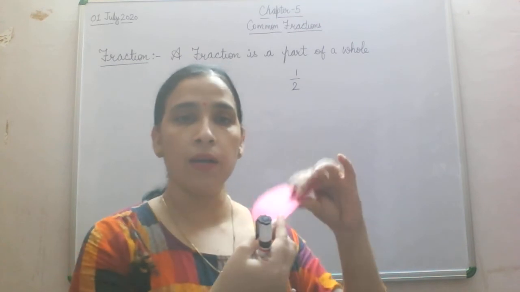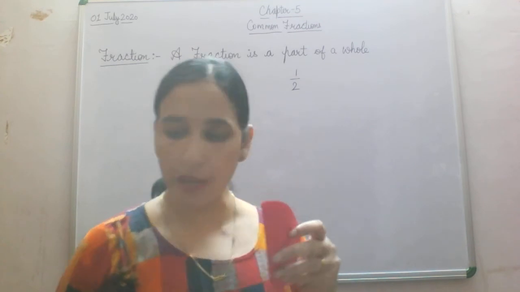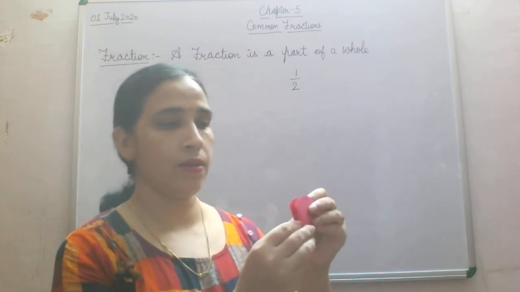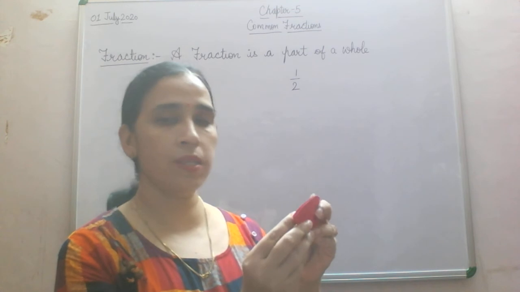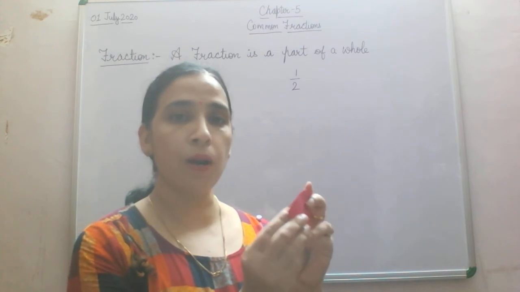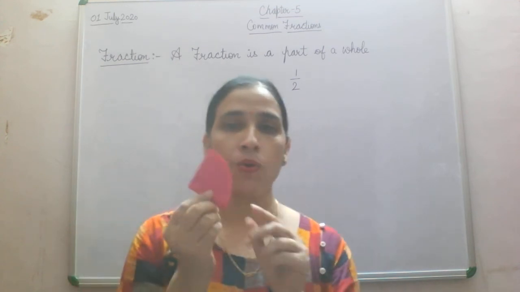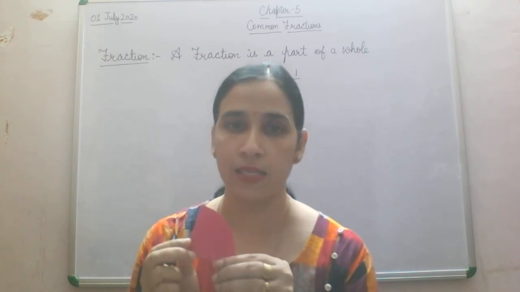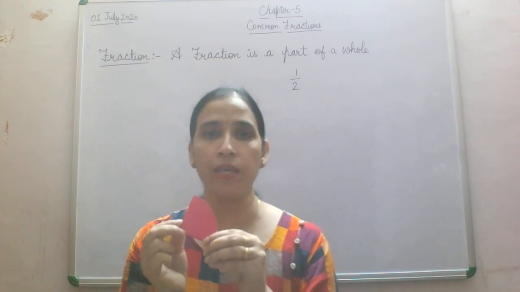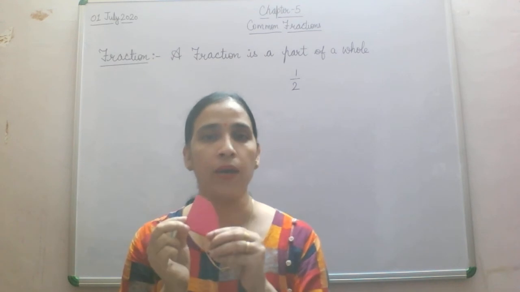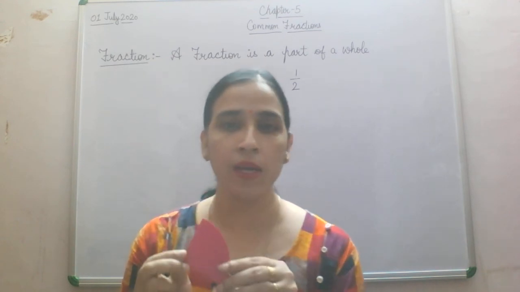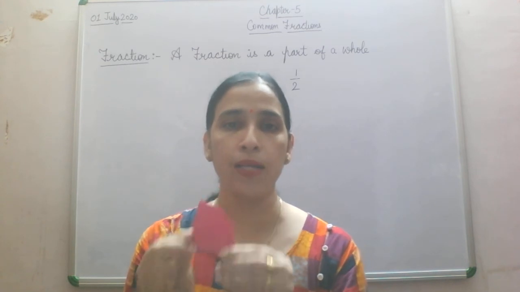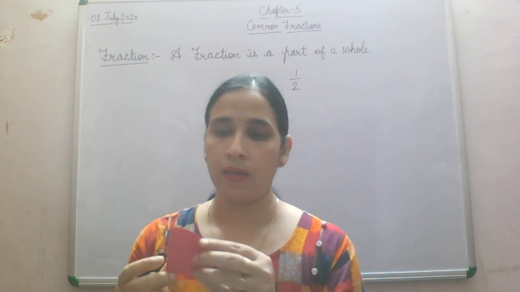Now each part, if I fold it one more time like this, children, tell me, what will be the fraction of each part? Yes, the fraction of each part is 1 by 4. Now what we have done here is we have divided a whole into 4 parts.